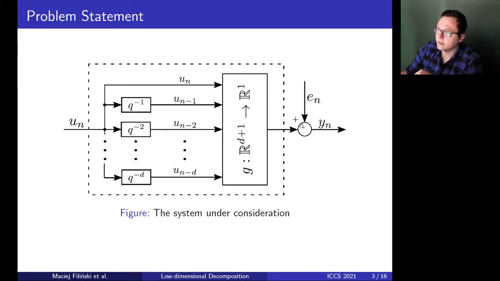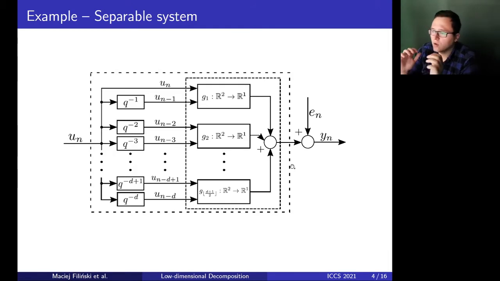And in the second figure, we see the internal structure of the function g, of the block g. Here we can split the function g into smaller short-term memory elements, here with two inputs each.